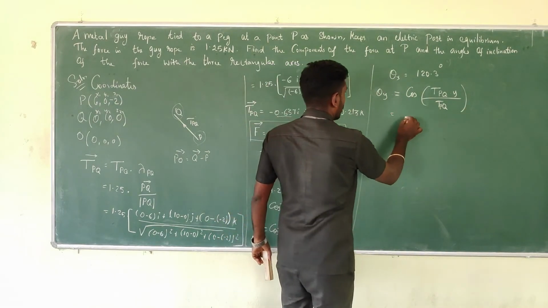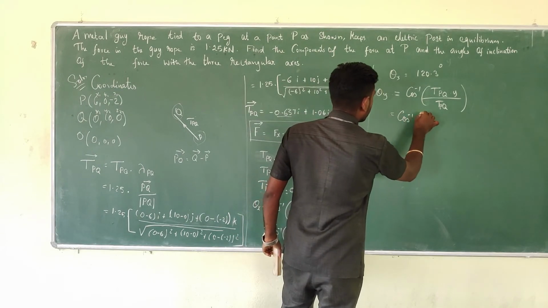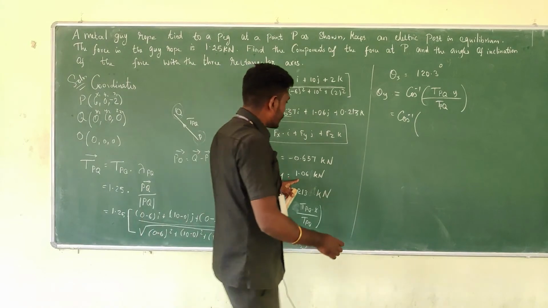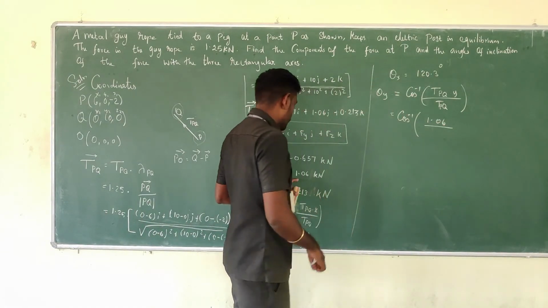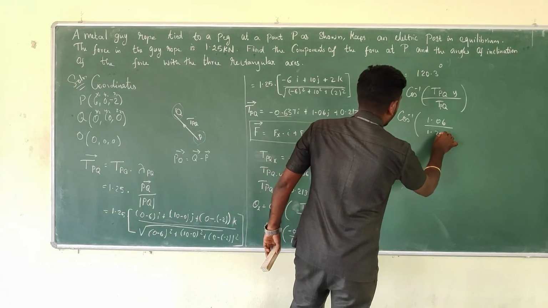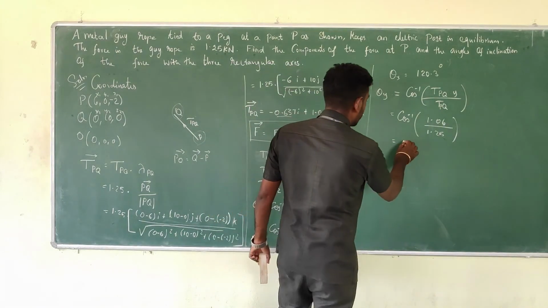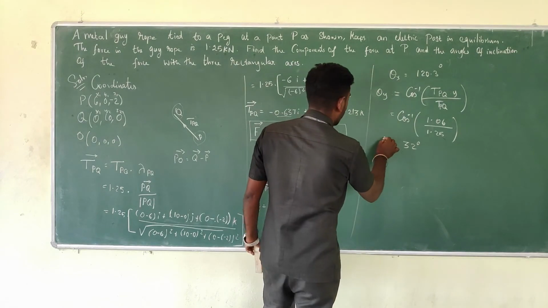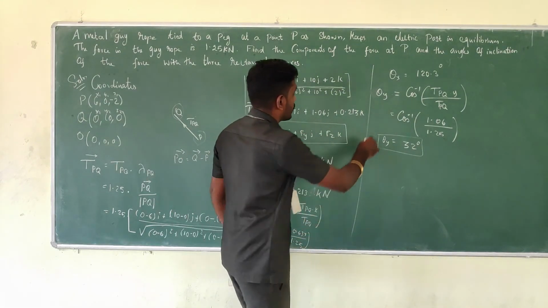So it will be cos inverse of TPQ in y direction, which has been found as 1.06 kilonewton, divided by 1.25. Do the calculation, you will get 32 degree. Okay, theta y is 32 degree.